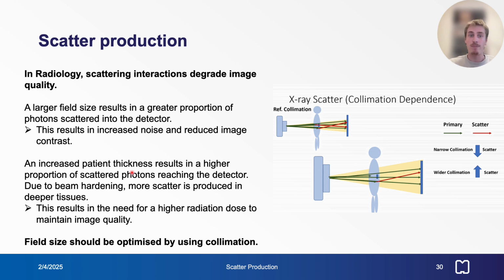Secondly, an increased patient thickness results in a higher proportion of scattered photons reaching the detector. And due to beam hardening, more scatter is produced in deeper tissues. So this results in the need for a higher radiation dose to maintain image quality. So the takeaway from this is that field size should be optimized by using collimation.